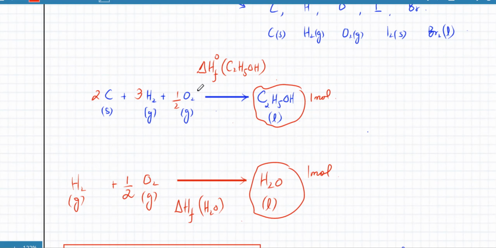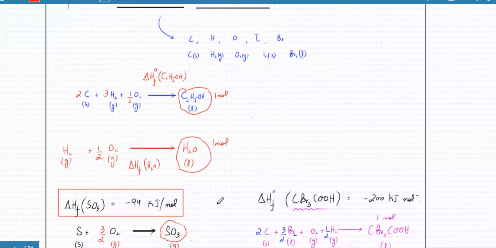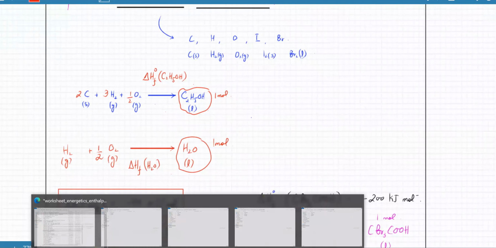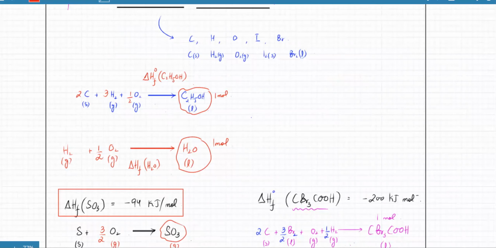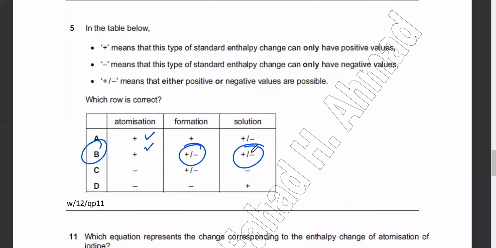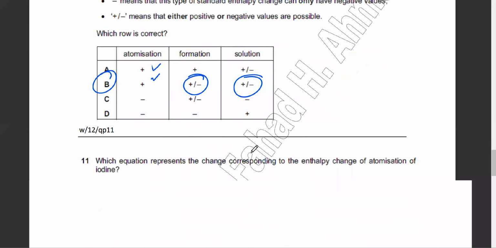If they're weak, then it would come out to be exo. And the same was true for solution. I told you that solutions can be both as well. So it's going to be B. Dissolving a substance also varies. Sometimes it requires energy, sometimes energy is given off.